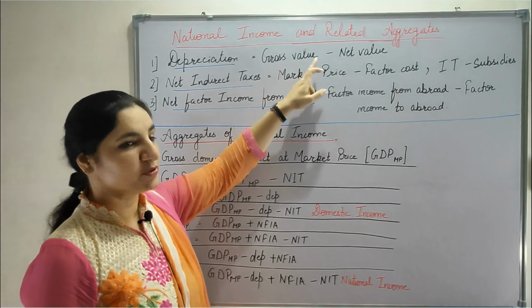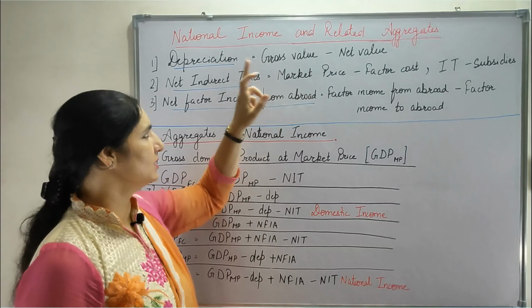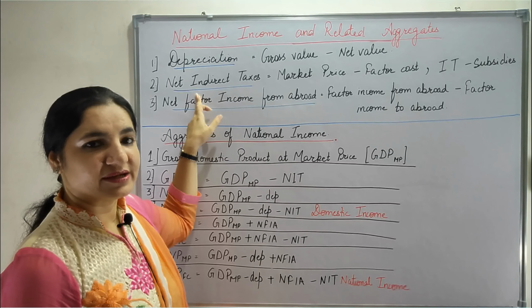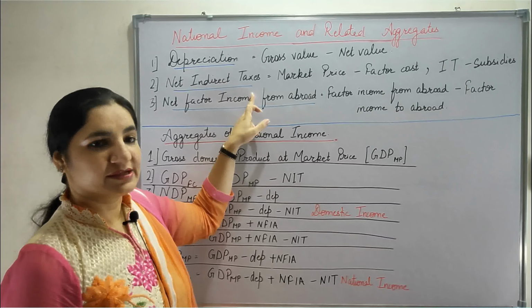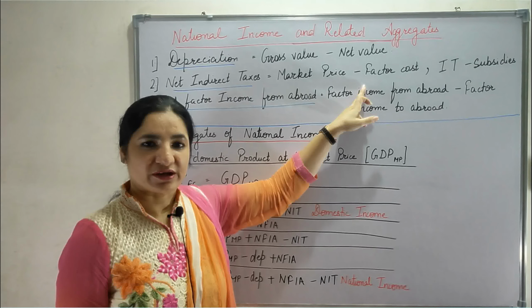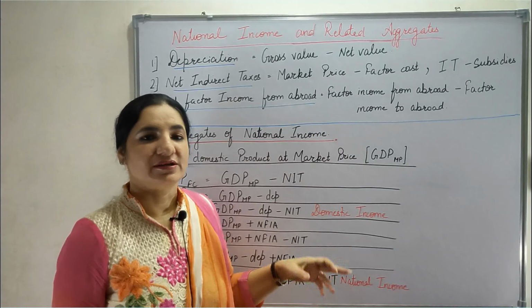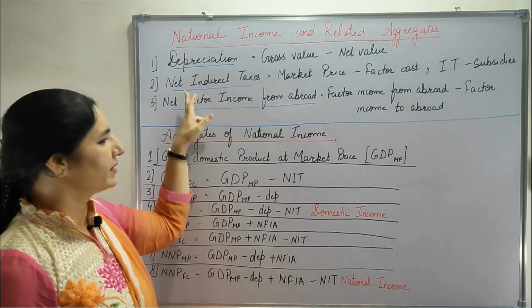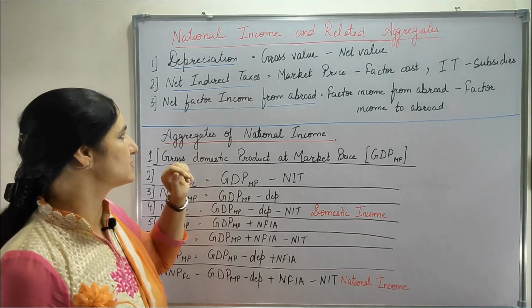It means that the difference between gross and net is equal to depreciation. Next concept is net indirect taxes. Net indirect taxes means the difference between market price and factor cost, and we can say the difference between indirect taxes and subsidies is called as net indirect taxes.